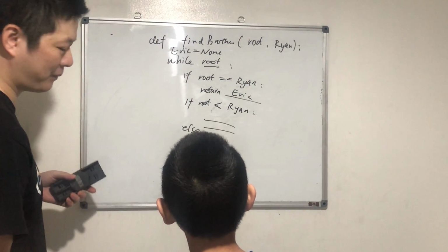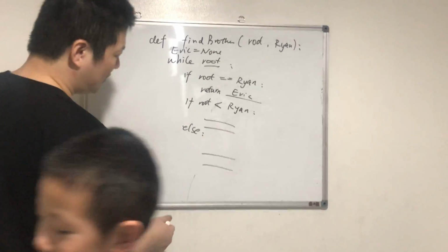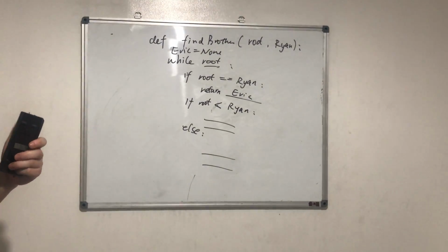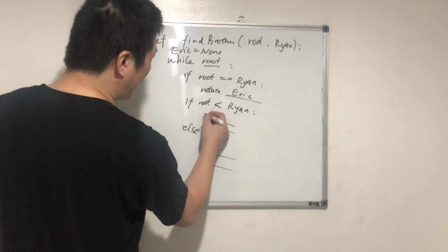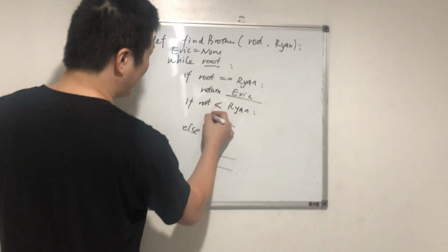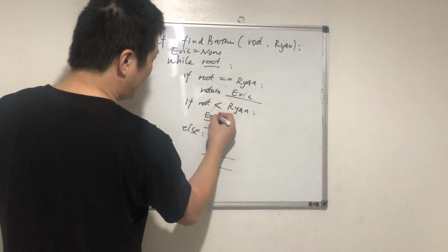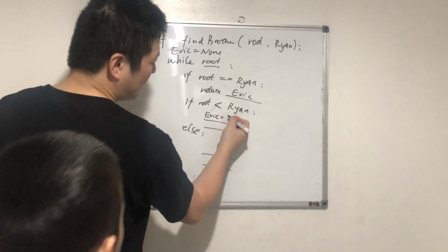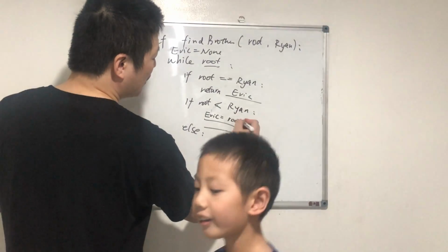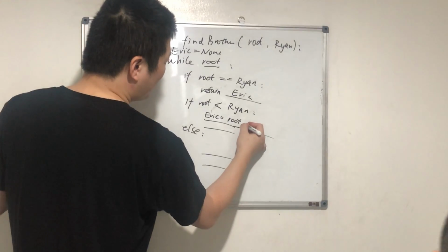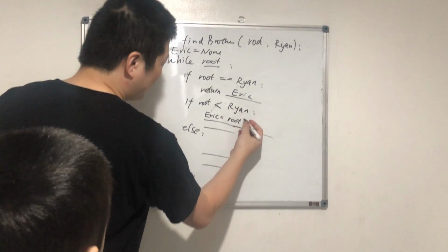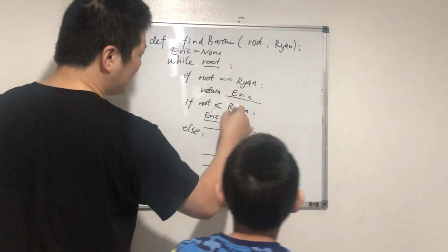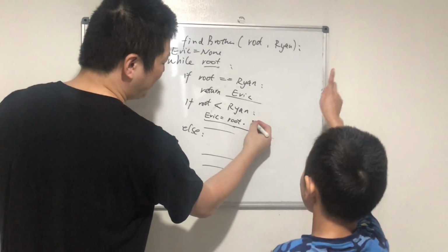Can you write it? If root is smaller than brother, then sibling would equal what? Root dot what, left or right? The brother is bigger than root, so the brother is on the right-hand side, so the sibling is on the left-hand side. Sibling equals root dot left.